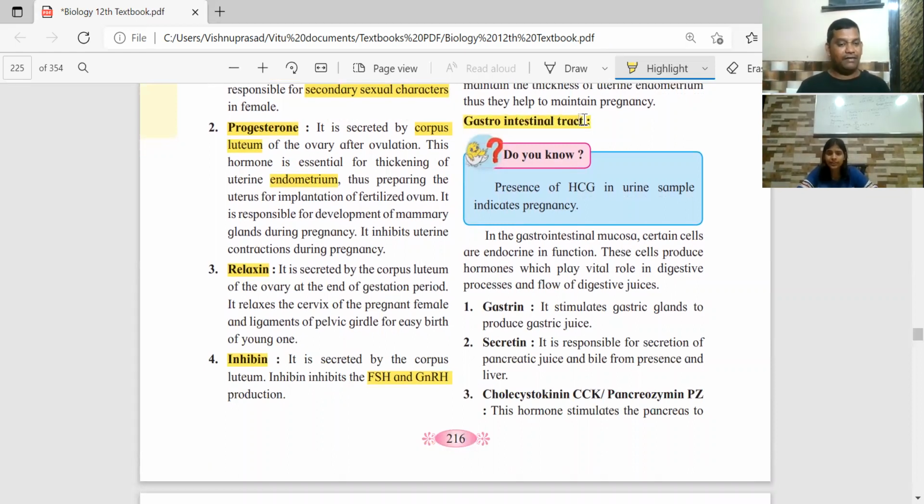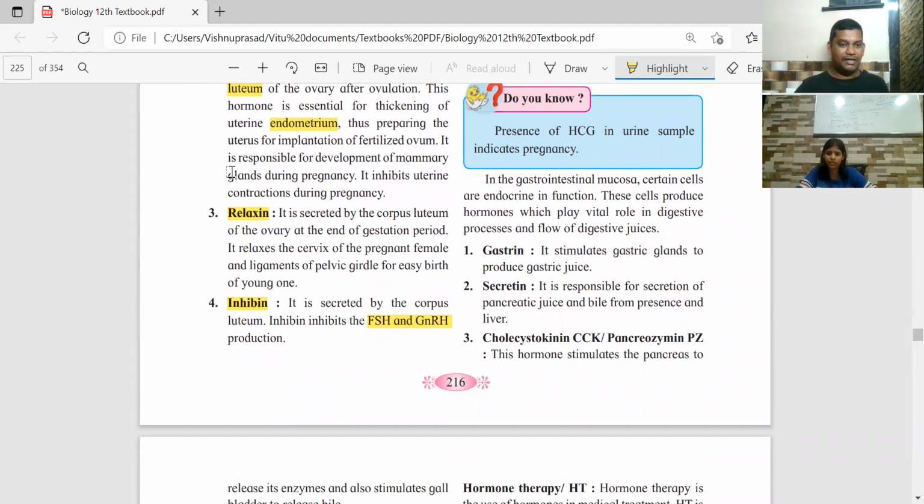When we discussed human nutrition, there also we learned about the gastrointestinal tract. In the stomach and the intestine, there are cells which are endocrine in function. They produce hormones associated with the digestive system.